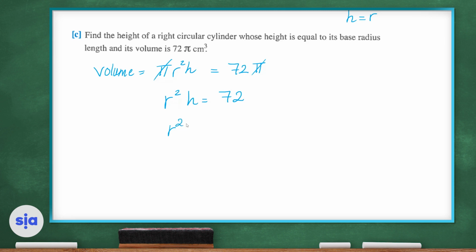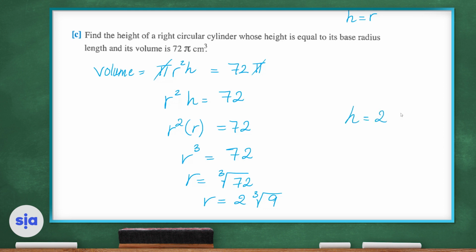So, r squared times r equals 72. Then here, r cubed equals 72. So, r equals the cubic root of 72, which is 2 cubic root of 9. This is the radius, and as the question mentioned that the height is equal to the radius, then the height is also equal to 2 cubic root of 9.